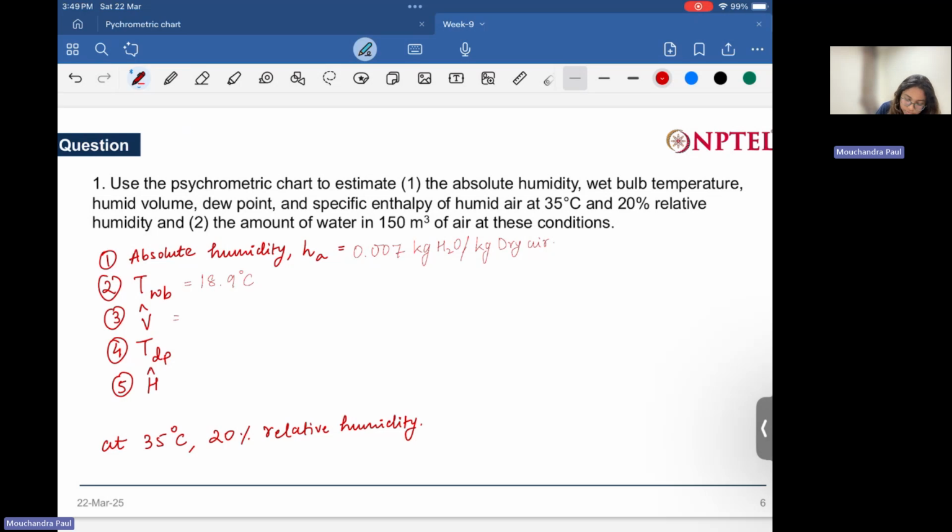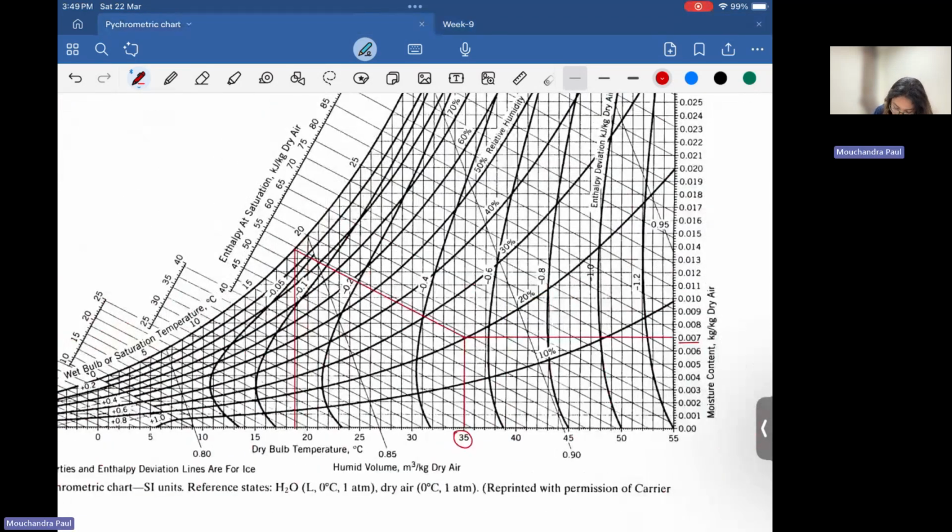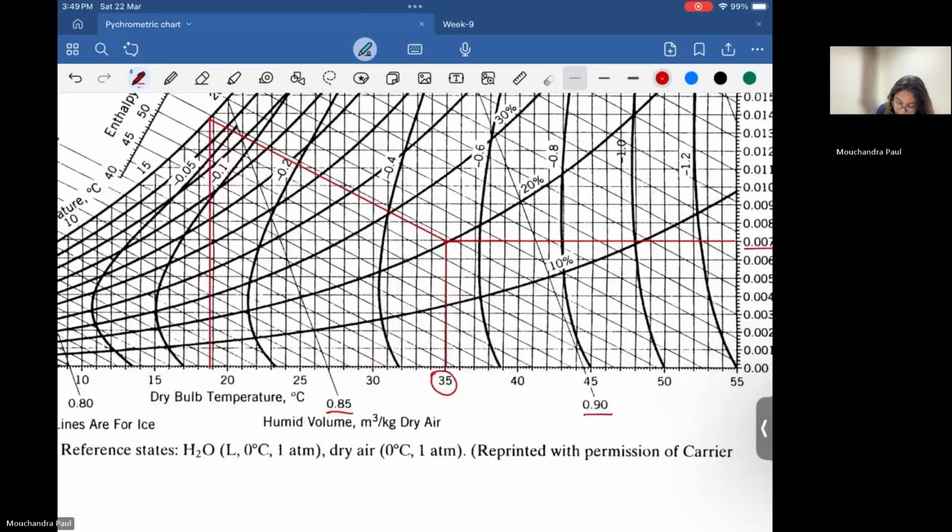Then humid volume. This point lies in between 0.85 and 0.9. And as I already mentioned while explaining, each marking here corresponds to close to 0.003.